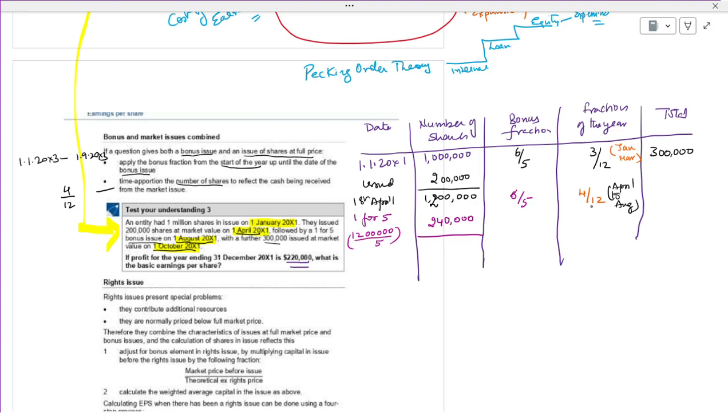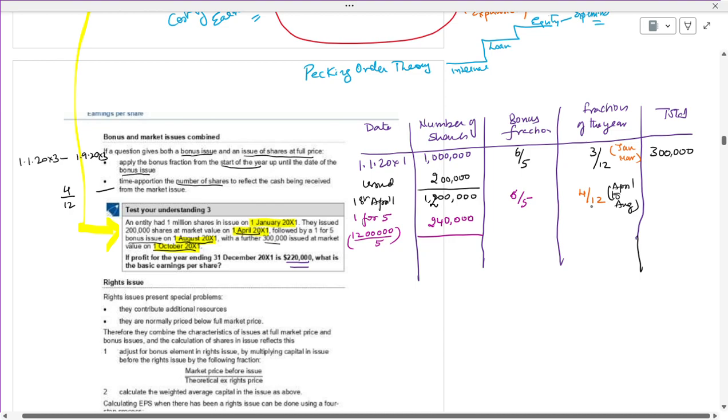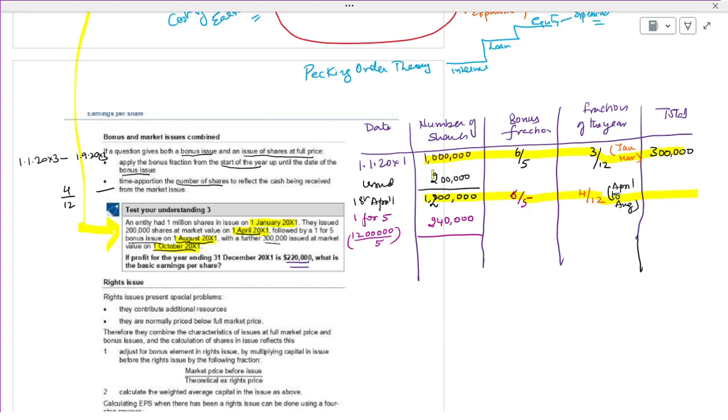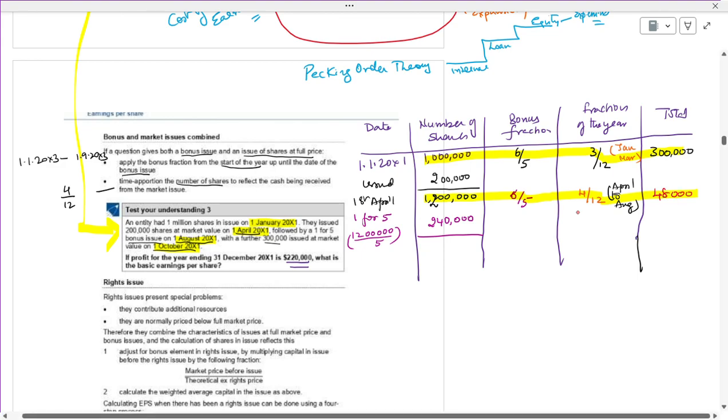1.2 million times 6 divided by 5 times 4 divided by 12. It comes to how much? 48,000.